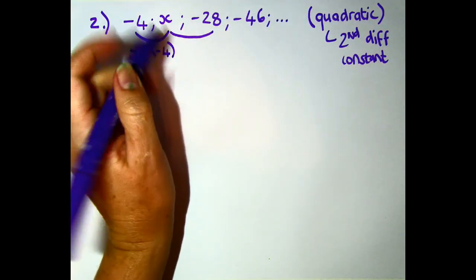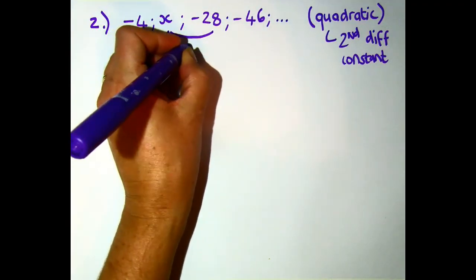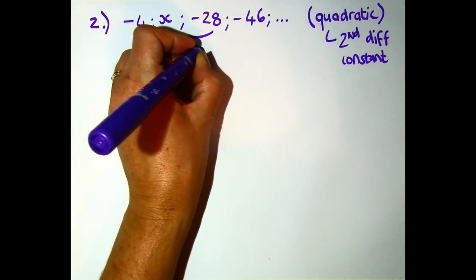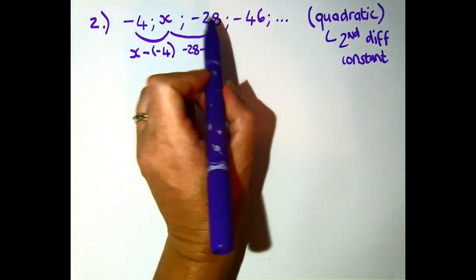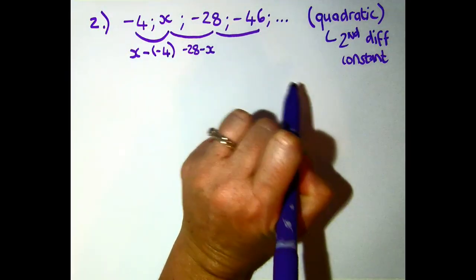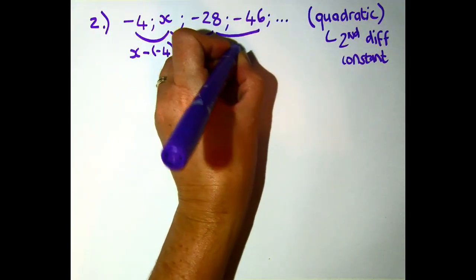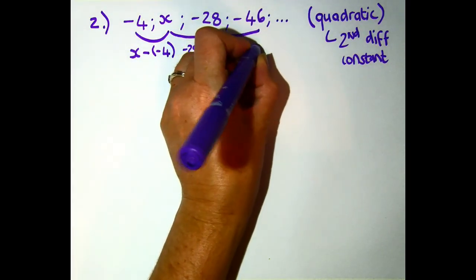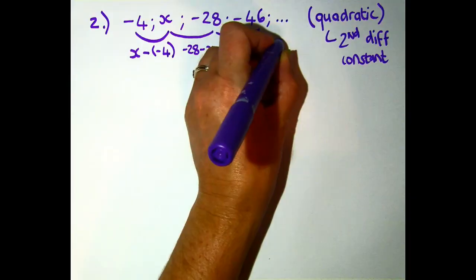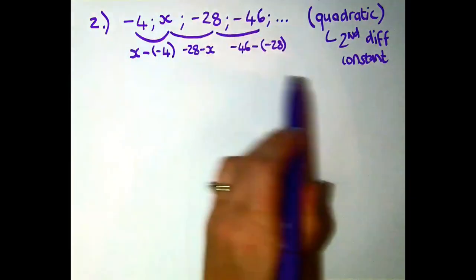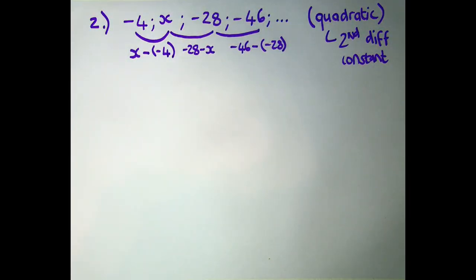And we know that the difference between them is going to be negative 28 minus x. And this one we can actually get. The difference between negative 46 and negative 28 is going to be negative 46 minus negative 28.